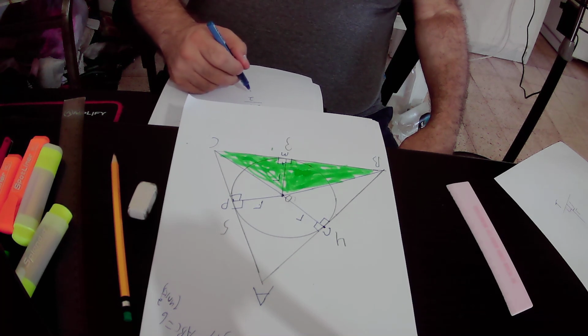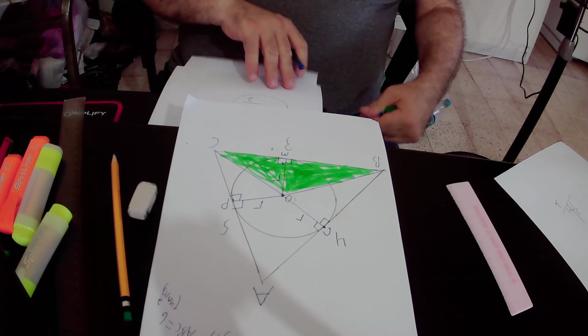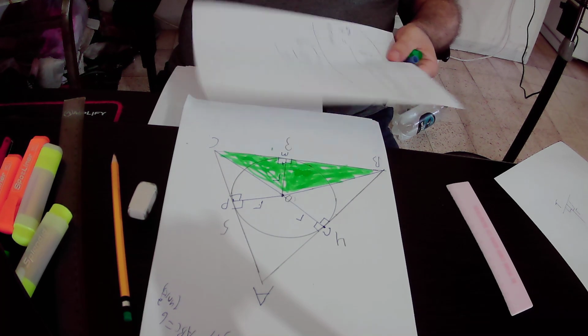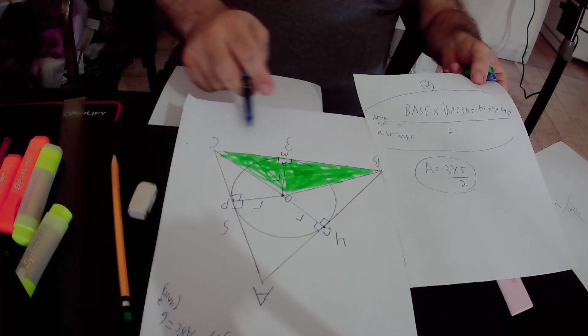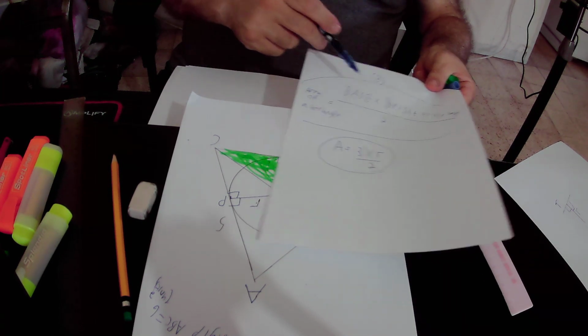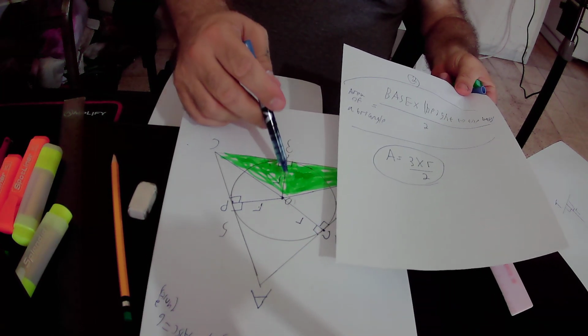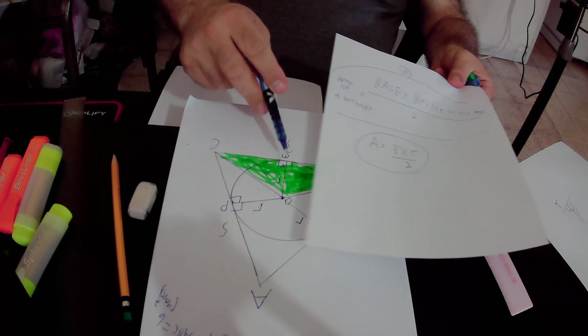So the area of the green triangle equals the base, 3 units, times the height, the radius of the circle, which I marked as R, divided by 2.